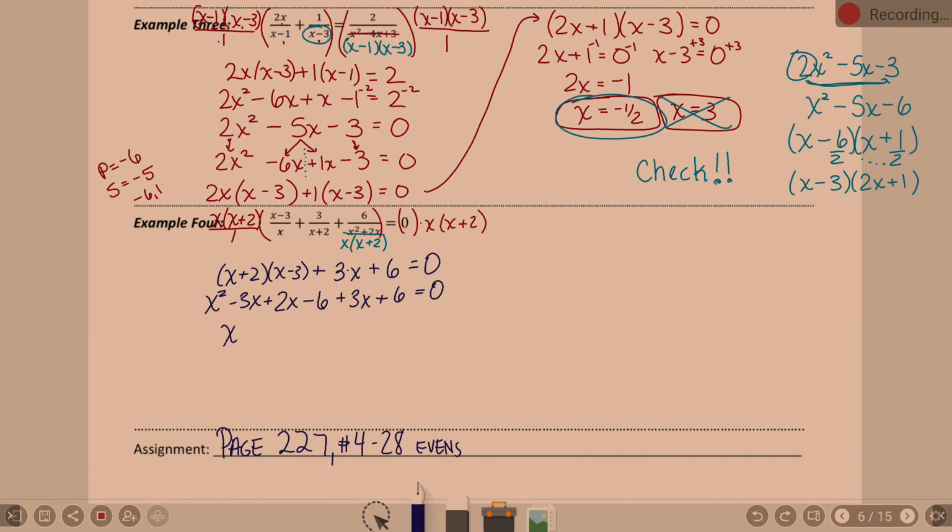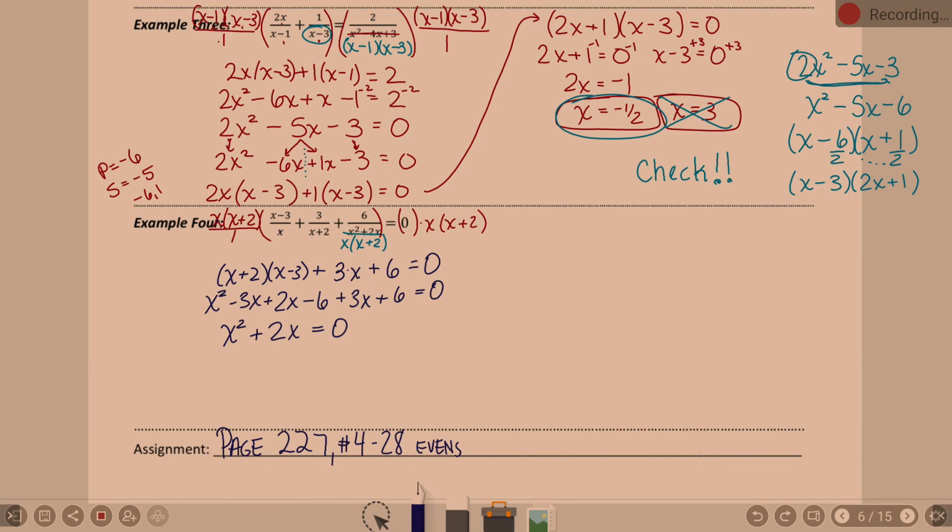I've got x squared plus 2x. Is that it? Yep. X squared plus 2x equals 0. Whoa, whoa, whoa. What a coincidence. Okay. How do I solve? X and then x plus 2.